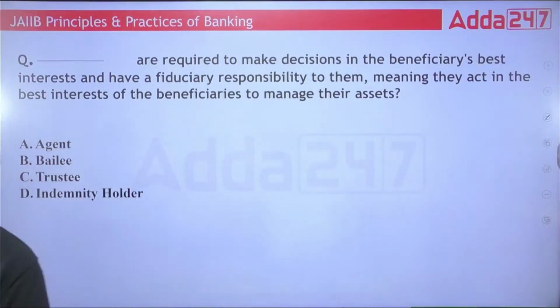Dash are required to make decisions in the beneficiary's best interest and have a fiduciary responsibility to them, meaning they act in the best interest of the beneficiaries to manage their assets. In that case, what will it be called?